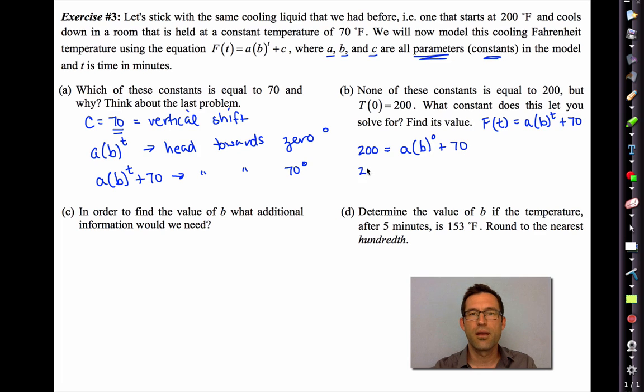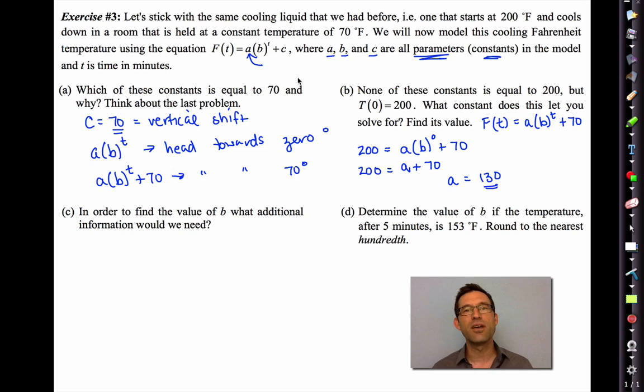Look at that. B to the 0 is 1. A times 1 is A. So this is going to allow me to solve for A. A must be 130. Now watch out for this. This tricks my students all the time. We've gotten so used to that number, that A, being the temperature we start at, or the principal amount of money we start at, or the population we start at.